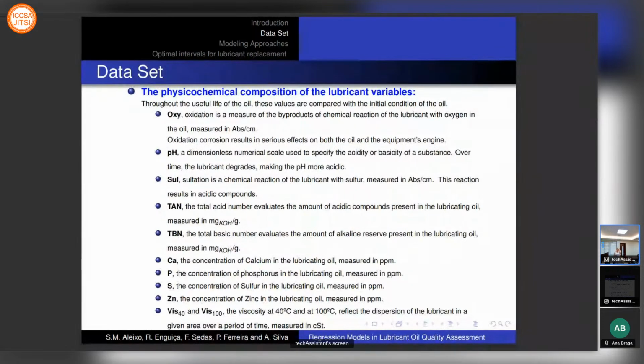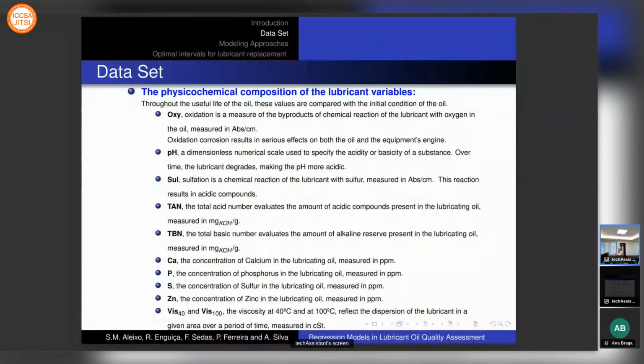For example, the physicochemical composition variables of the lubricant are obtained throughout the useful life of the oil, and these values are compared with the initial condition of this oil. For example, we can say that the sulfation is a chemical reaction of the lubricant with sulfur and results in acid compounds.